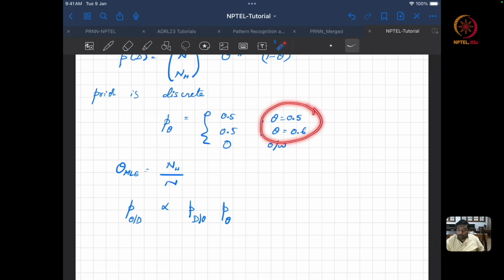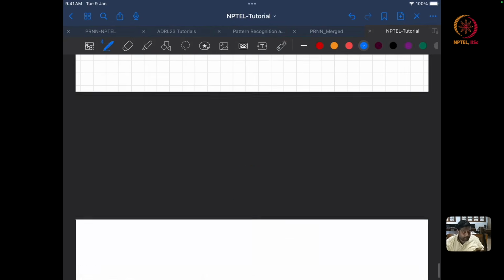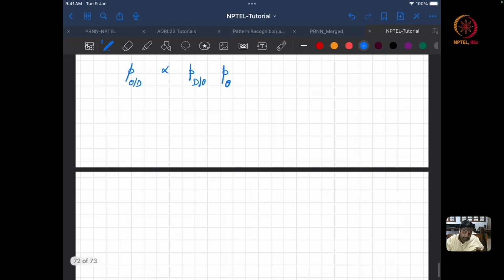You cannot take any other value apart from 0.5 and 0.6. As of now, you are giving both of them equal probability. Now your conjugate prior can take different values. Let me guess for theta MAP.